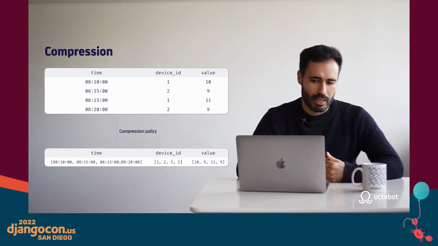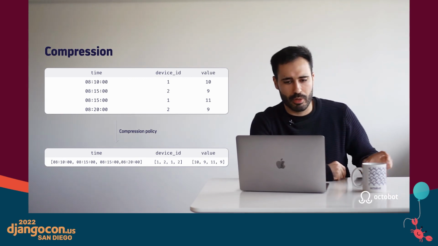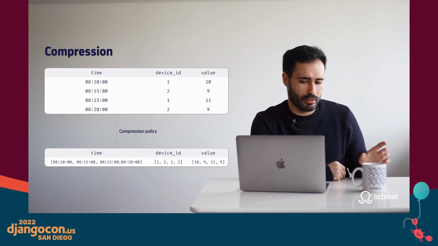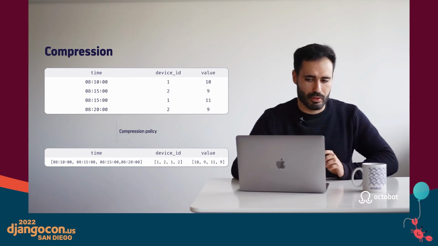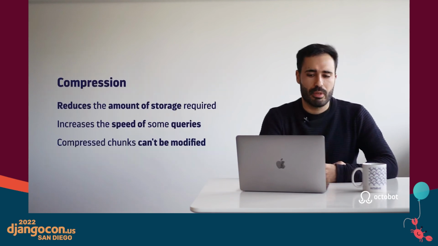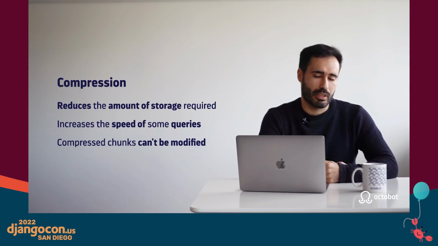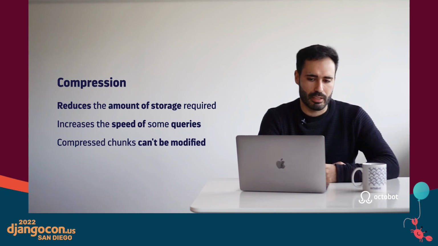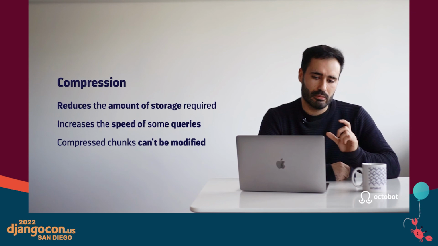When compression is applied to this table, Timescale will compress all the rows into one, keeping the values in arrays for each column. This reduces the amount of storage required in our database. It also increases the speed of some queries, for example, those that are particular for that row.